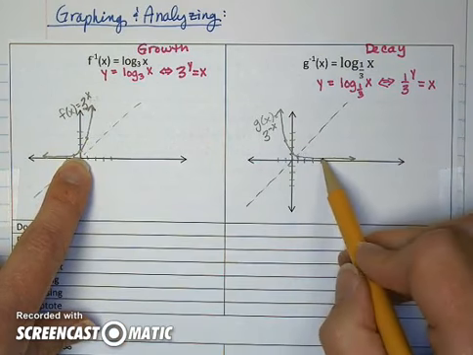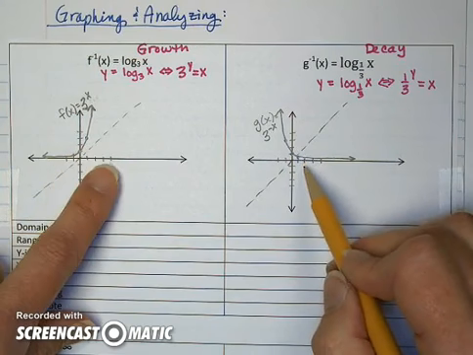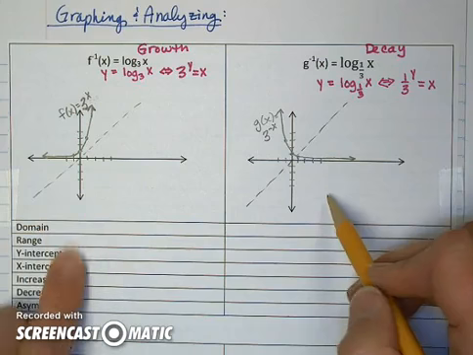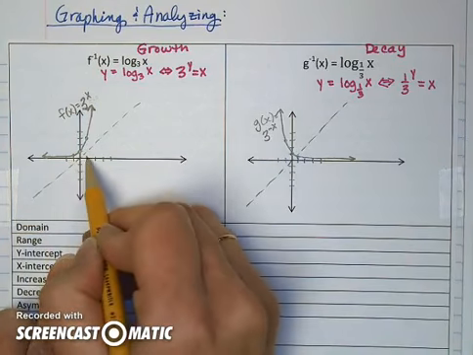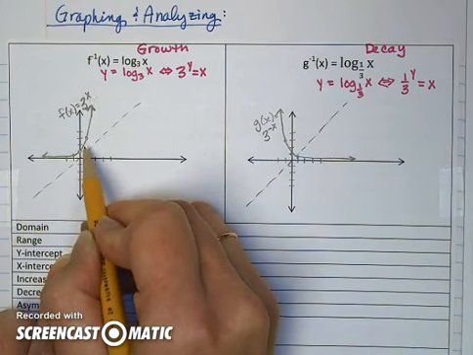Remember, they both had intercepts at 0, 1. When you invert that, remember you invert all the x's and the y's. So we're going to invert these. Let's do the growth one first. Instead of at 0, 1, it's at 1, 0. Instead of at 1, 3, it's going to be at 3, 1.